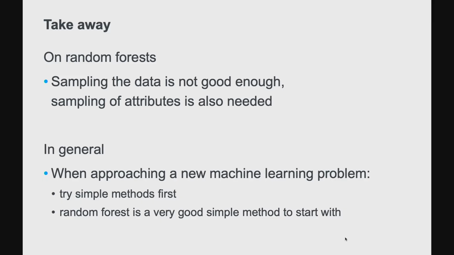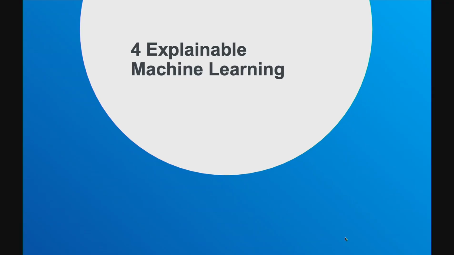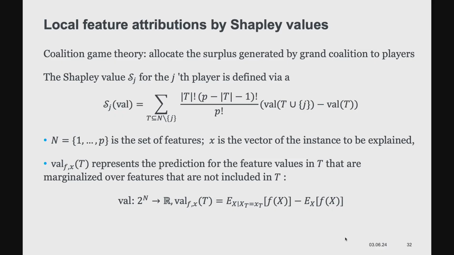But I thought, okay, now people want to have some explanation methods. Let's also do some method that go explicitly under the term explainable machine learning. Even if MDA is already a very simple form of explainable machine learning.